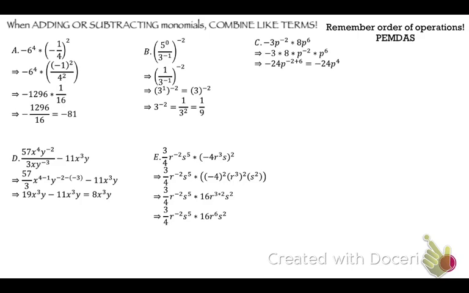So that's 3/4, r to the -2nd, s to the 5th, times 16, r to the 6th, s to the 2nd. Well, now this is all multiplication rules. So we have 3/4 times 16 times r to the -2 plus 6, s to the 5 plus 2, which ends up being 12, r to the 4th, s to the 7th.